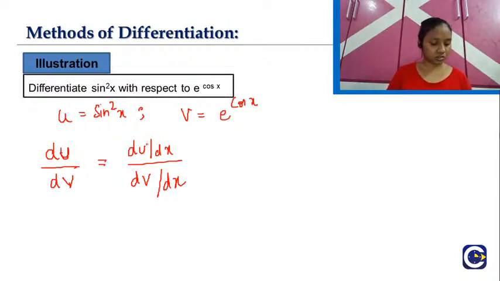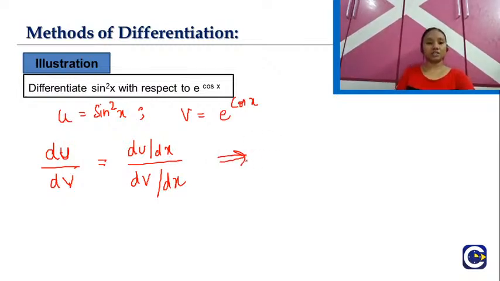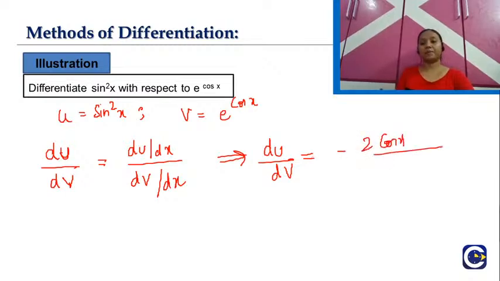I guess all of you have solved this question. So when we differentiate sine square x with respect to e power cos x, du by dv is equal to minus 2 cos x by e power cos x.